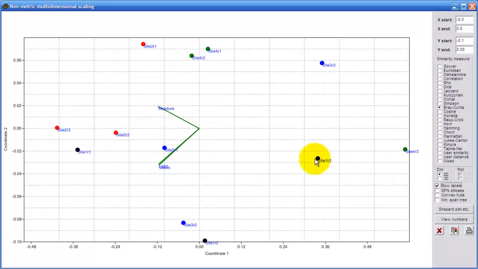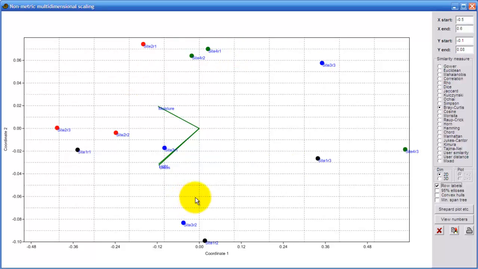Now, important thing to remember is that the MDS is putting the points onto the plot in terms of just the abundances of the taxa. It's not paying any attention to the environmental variables when it is positioning these samples.